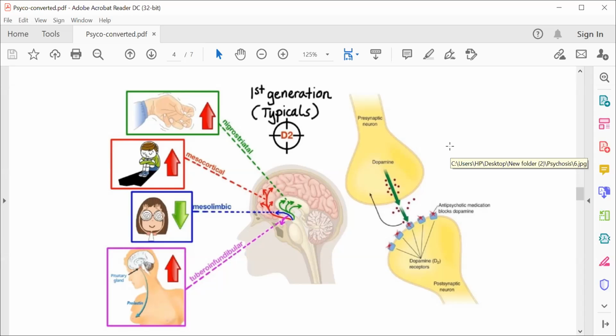Second generation are more common now. Clinicians nowadays don't prescribe first generation unless the patient has a clear contraindication to second generation, or the patient is unresponsive at all to second generation. So regarding the first generation antipsychotics, we will see that.